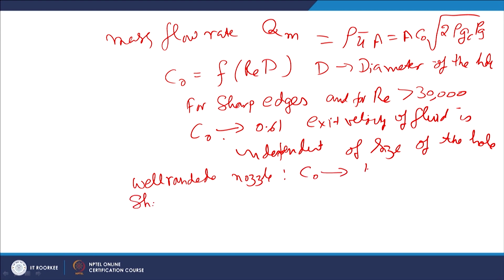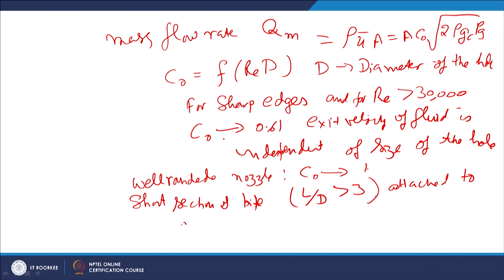For short sections of pipe, L by D greater than 3, length upon diameter, attached to the vessel, which we have previously discussed and shown in the slide, C naught is almost 0.81.